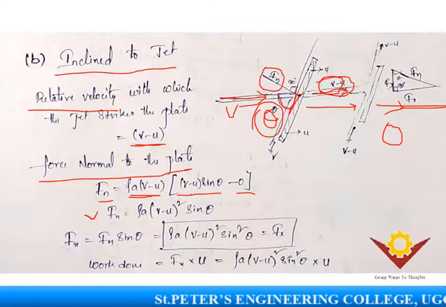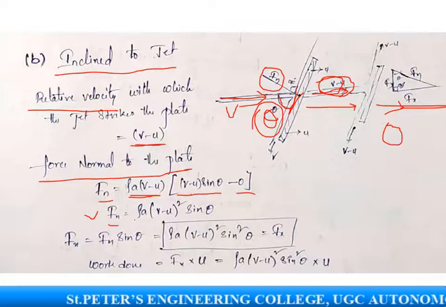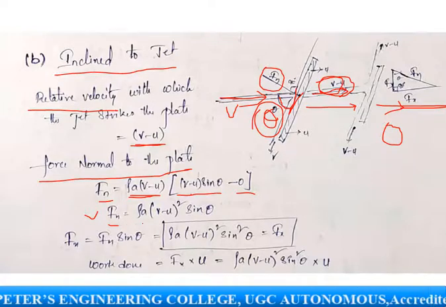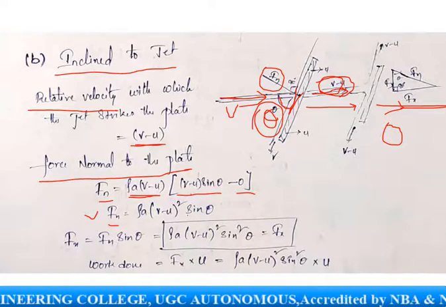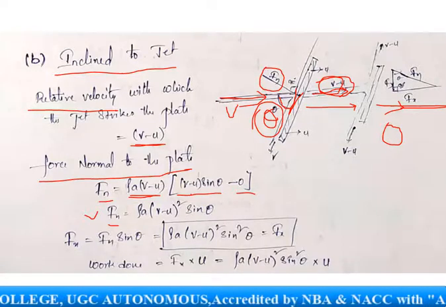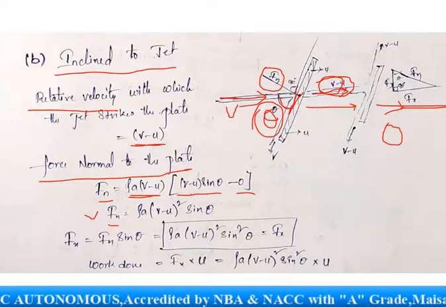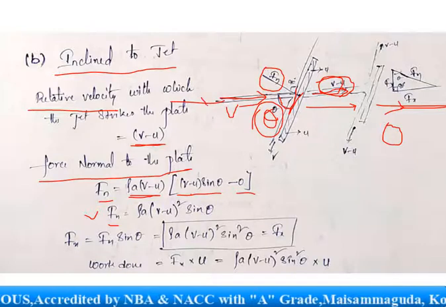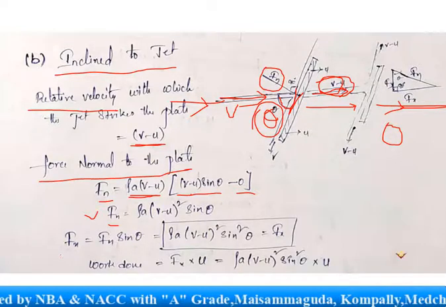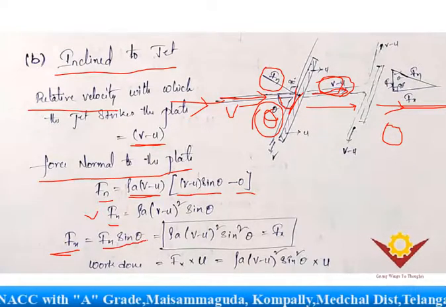After simplifying, the normal force you get is rho a (v minus u) whole square sine theta. And actually what we require is the force in x direction, which is Fn sine theta.